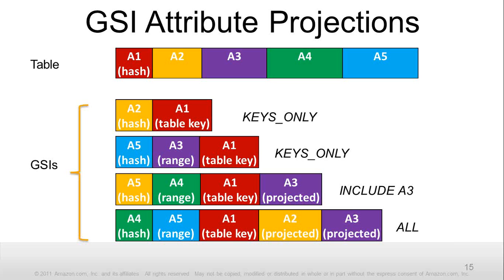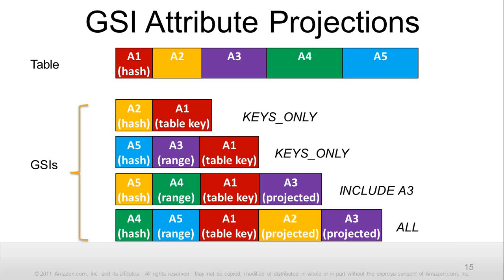But what I'm saying here is, I have 4 indexes there. The first index has keys only. When you define a global secondary index, you can just say whether you're projecting just the keys only, or you could include specific attributes. In this case, for the third global secondary index I've included attribute 3, or you can include all attributes.